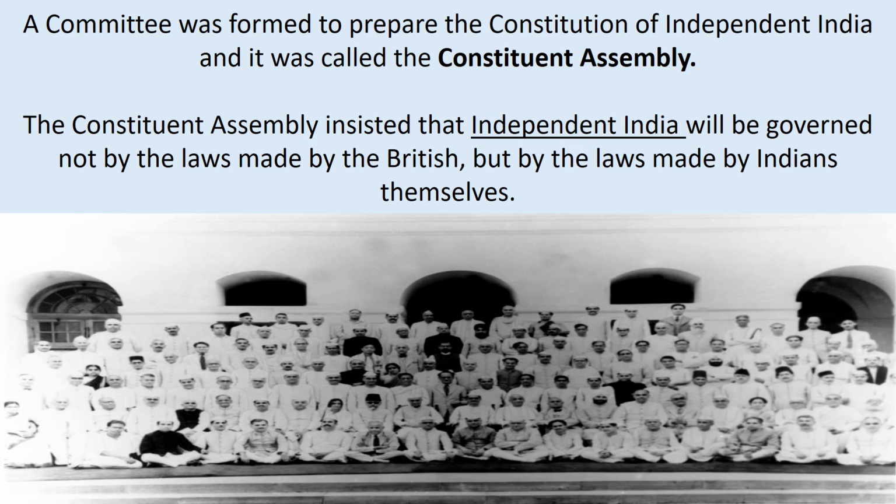All of them were Indians. And this Constituent Assembly made sure that the laws which will be written in the Constitution of India will be made only by the Indians and not by the Britishers. Okay.